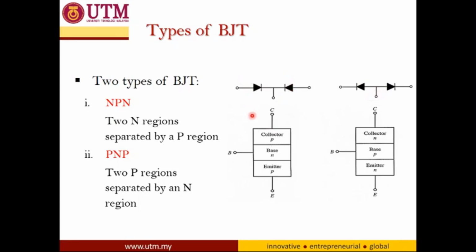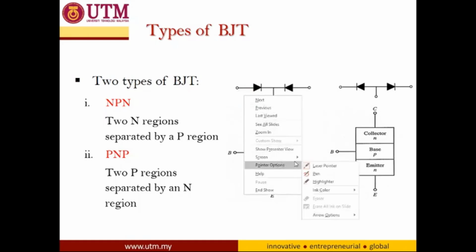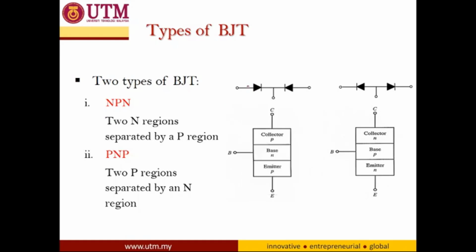For example, this is the anode. The anode is P type, and then this is N type. This is N, and this is P. So this is P and P. For example, this one is the cathode, this is N, and then this is the anode, P type, and then this is N. So this is NPN.